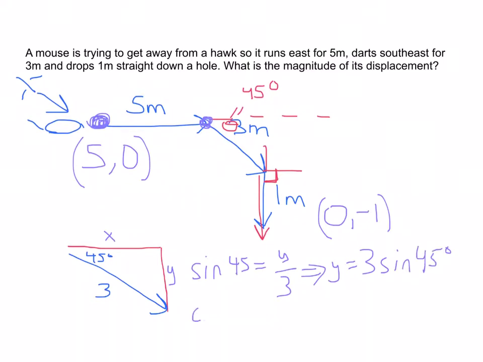And the same thing, the cosine of 45 degrees is equal to x over 3, or x is equal to 3 cosine 45 degrees.